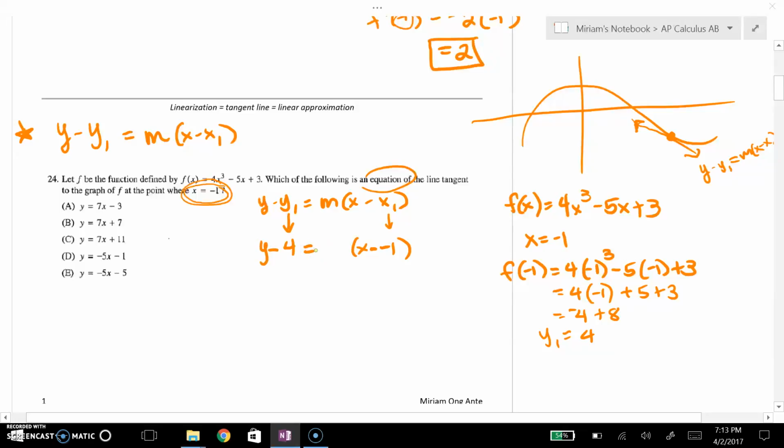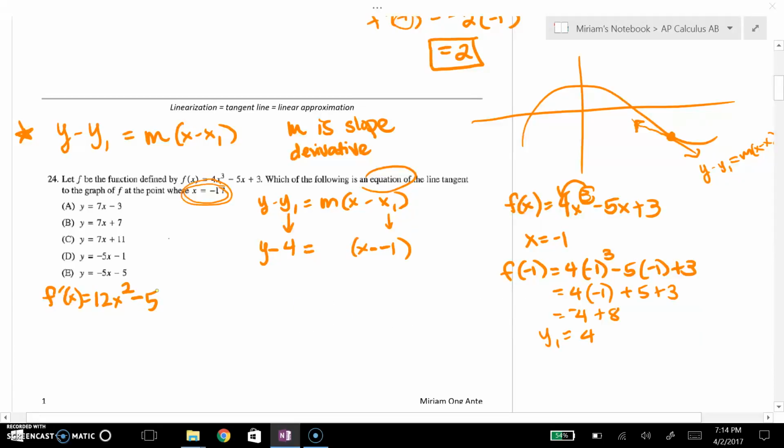And now for the m. The m is super important. M is slope. And we know that in calculus, the slope is also the derivative. So the slope at a very specific point is the derivative. So what we're going to do is take the derivative of f of x. It's going to be 3 times 4 will be 12, x squared minus 5.